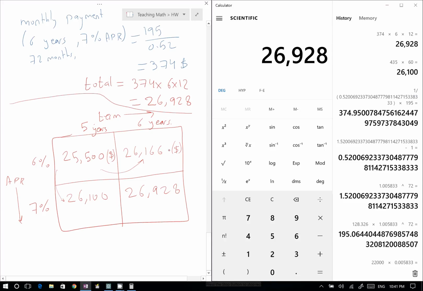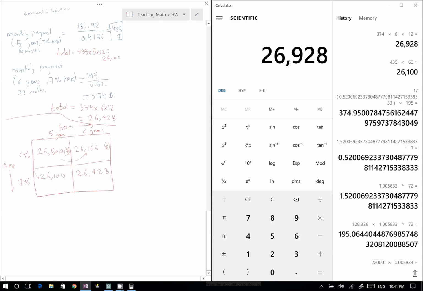You have about $766 due to term, whereas for the interest, between this and this, the increase was $600 due to APR.